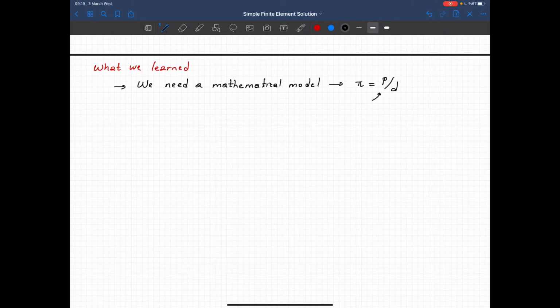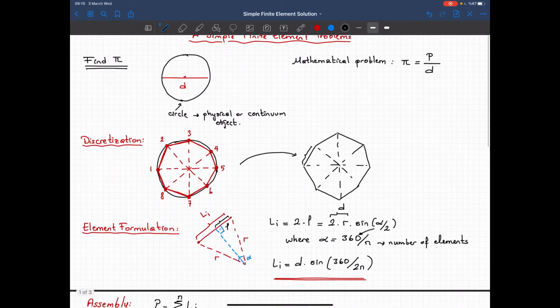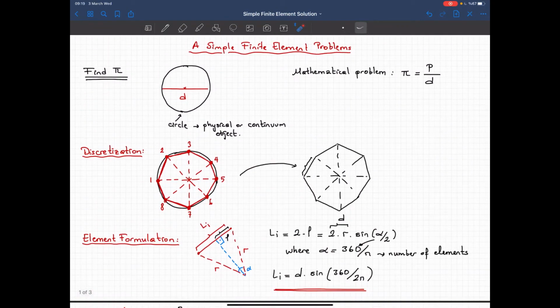Now, the question here is, how do we determine that? How do we obtain that? Is there a methodology to obtain this mathematical model? These are the questions that we will be asking when we go into the finite element formulation. Now the second important issue is, this is our physical model and this is our discrete model.